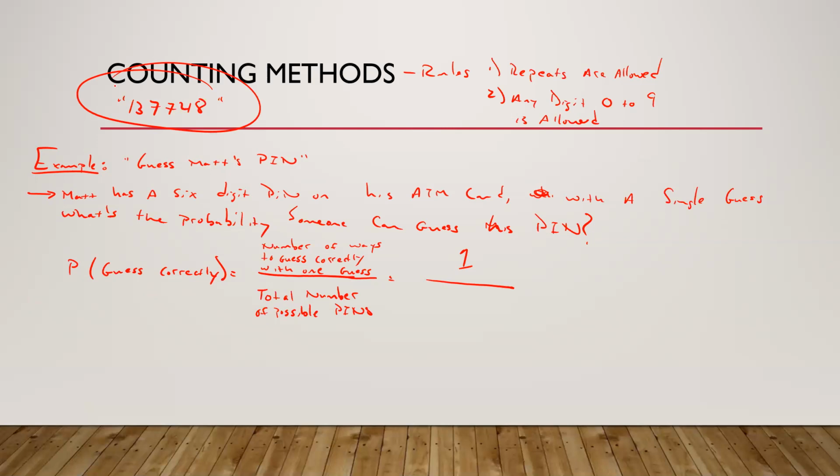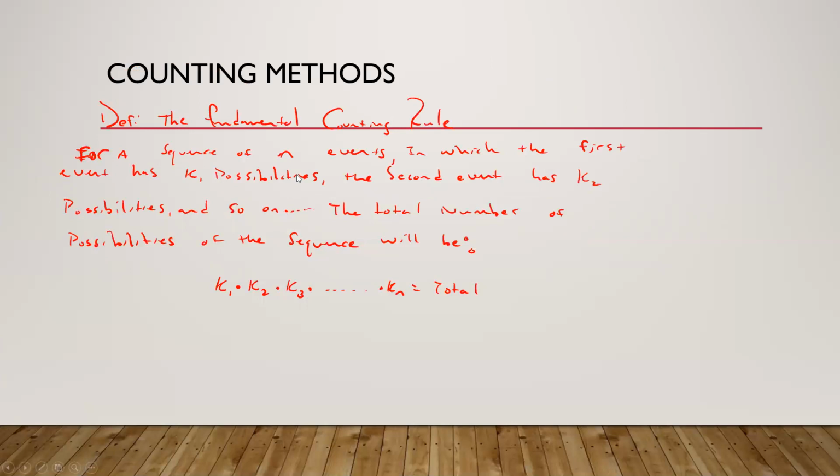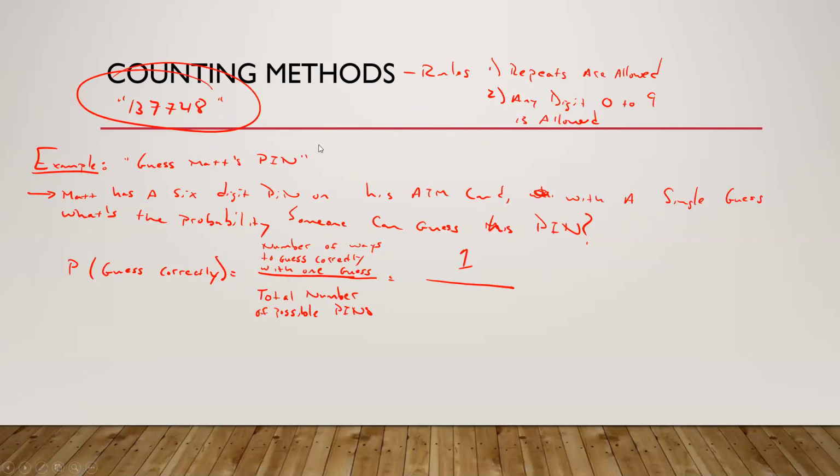So what you have to now figure out is the total number of pins. To do this, you're going to use this fundamental counting rule. My PIN is a sequence of numbers, so it's a sequence of n events. Here's 1, 2, 3, 4, 5, 6 numbers you have to pick.